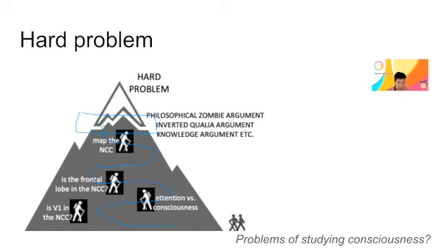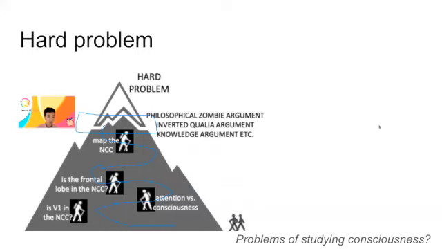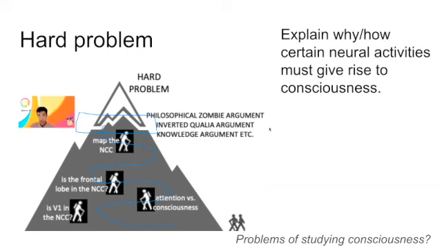And his argument, roughly speaking, is based on thought experiments. I won't go into the details, but the argument involves a philosophical zombie, inverted qualia, or the knowledge argument and so on. Basically, in short, he says that as long as we can imagine a physical world composed of every atom and every behavior completely the same as we know, so you can imagine a person that is an exact copy of you from the level of atoms and molecules to behaviors.